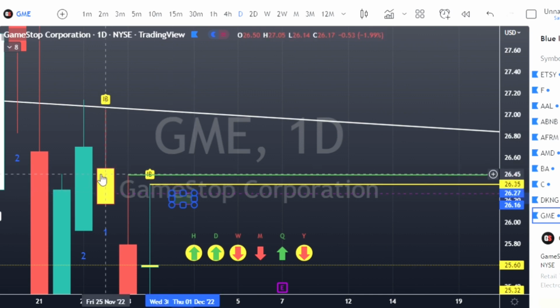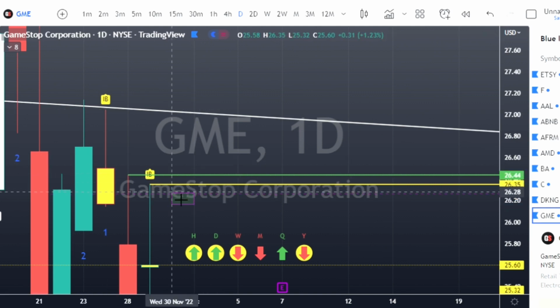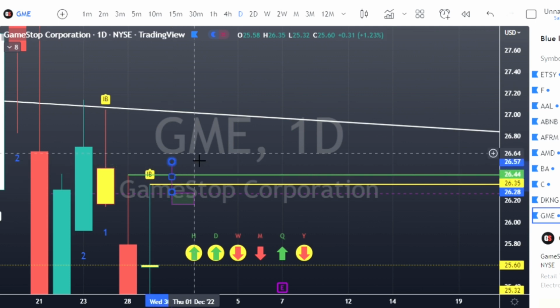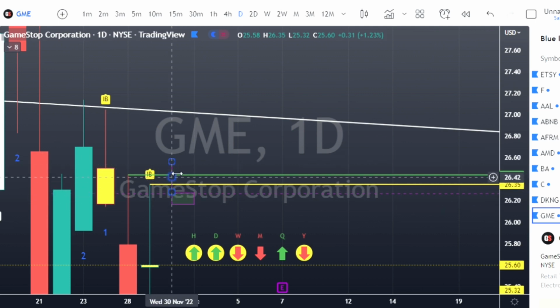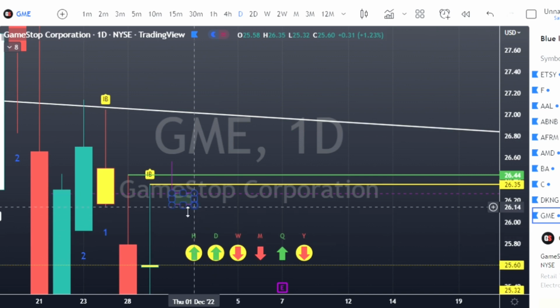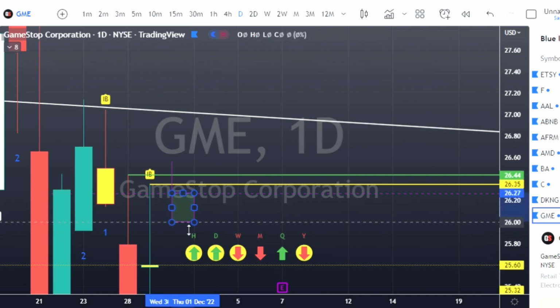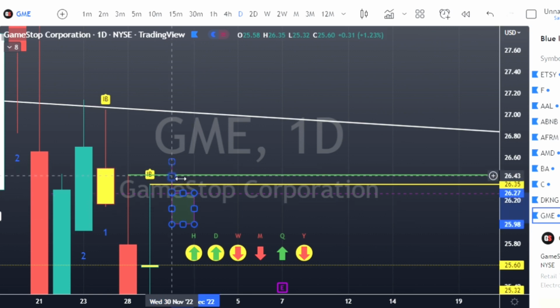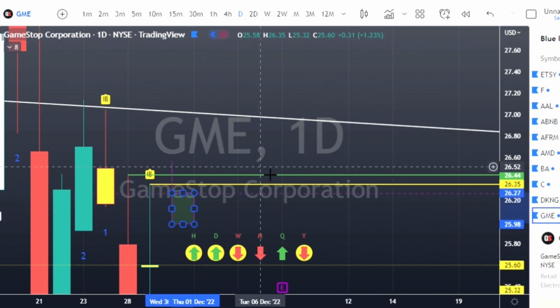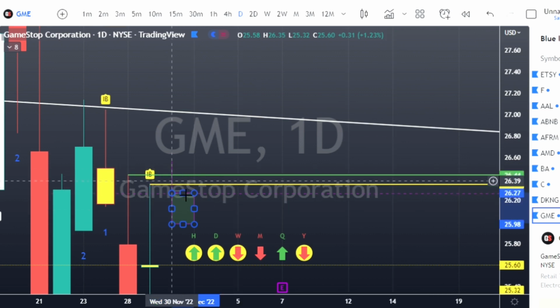What we're left with is this wick. You can see that purple wick there, and it just comes back and fiddles around in this area, and we will never see that target again. So it'll come up, it'll hit that target, and it'll reverse. It doesn't always happen that way.